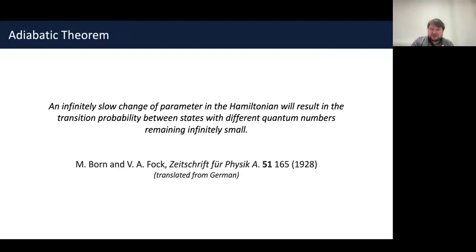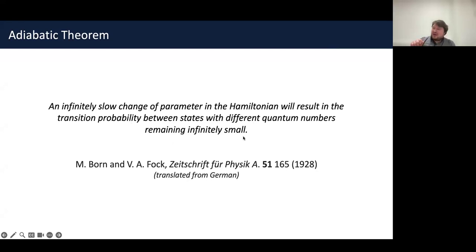So first, let's just start from the simple adiabatic or diabatic. The adiabatic theorem was quite nicely stated, at least translated from German in the original paper in the 20s, that an infinitely slow change of parameters results in the transition probability between states with different quantum numbers remaining small.